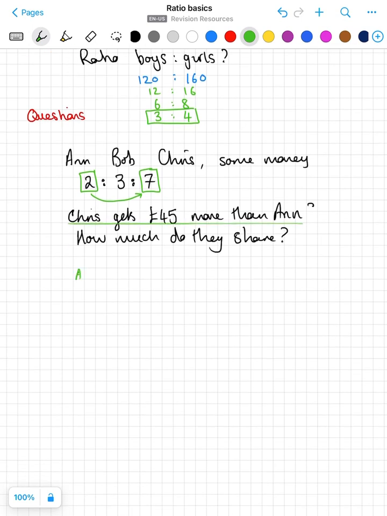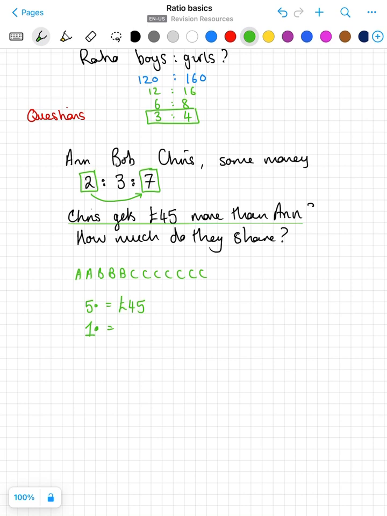So if Anne has 2 parts, Bob has 3 parts, Chris has 7 parts. So what we can see is that Chris has 5 more shares. So those 5 shares are equal to £45. Our aim with ratio is to work out what every one share is.